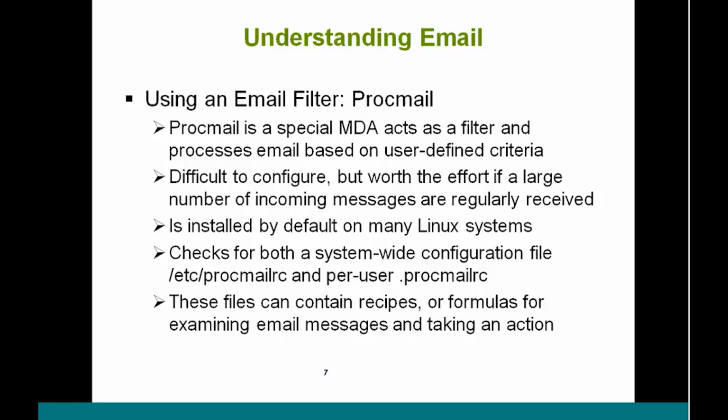There is a global configuration that resides in /etc/procmailrc, and you can override that file with the .procmailrc. Again, this file will have the recipes and formulas for what action you want to take on a given message.